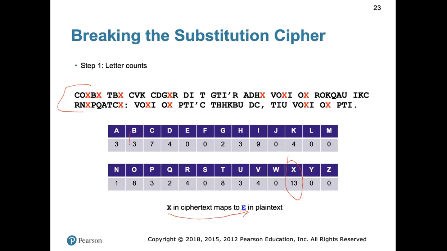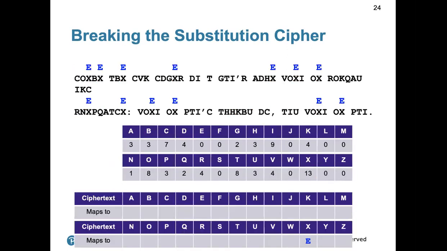We don't know the whole key, but a part of that key is this, that X is assigned to E. Okay, we assume that the X's are E and we put E instead of each X. Here is a part of the plain text that we are trying to extract.